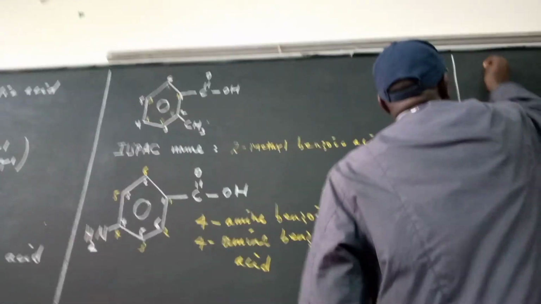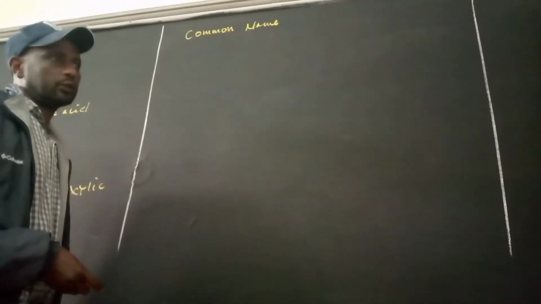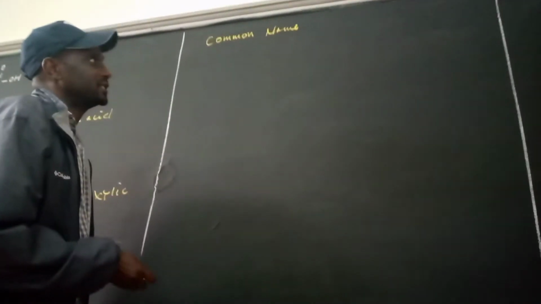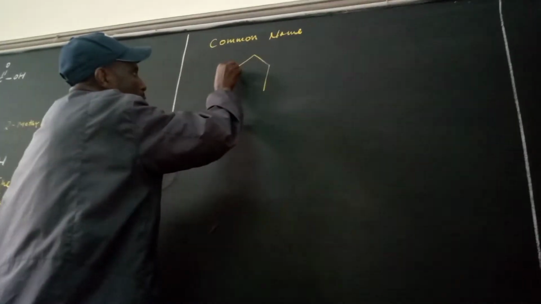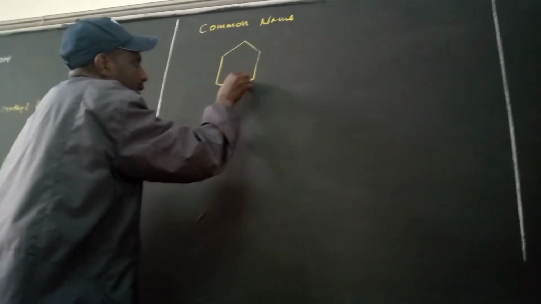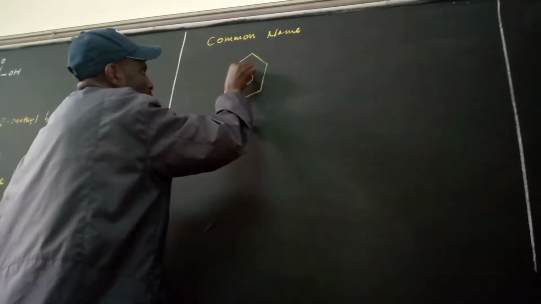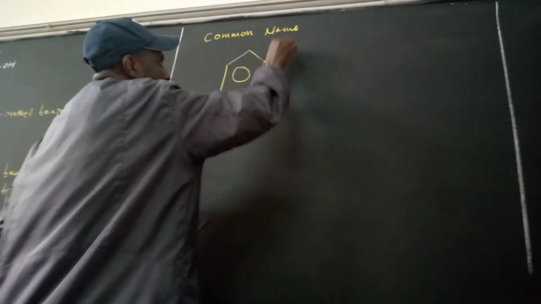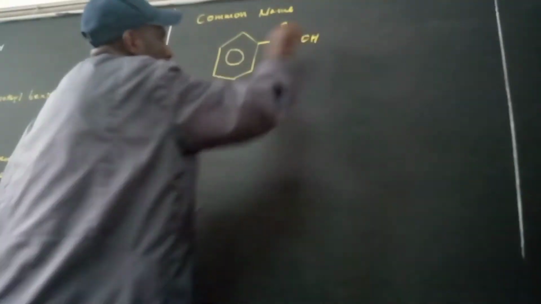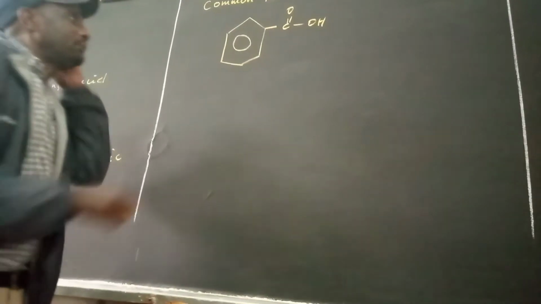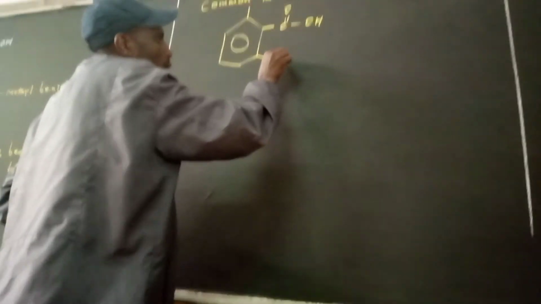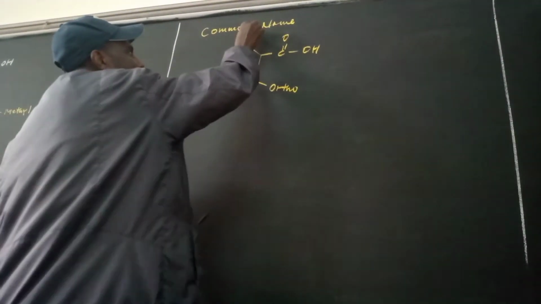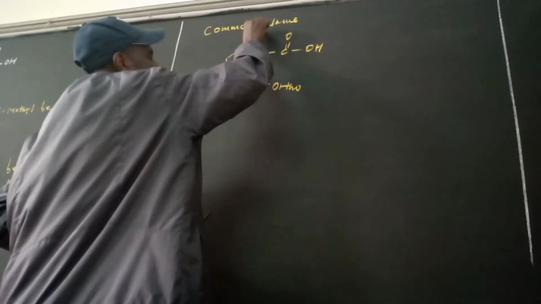The other one is how to give the common name for the benzoic acid family. To give the common name, we use terms for the position of the carbon on the benzene ring. Any substituent on the second carbon is known as the ortho position.